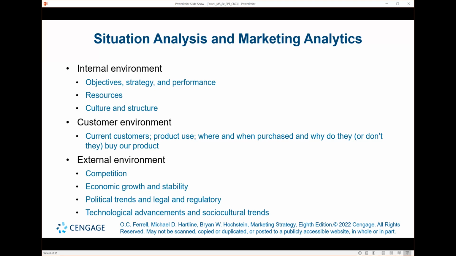In the internal environment, we're able to plan our objectives, put together our strategy, and measure our performance. In the customer environment, we get to know the 5 W's, which we'll talk about: when, where, why consumers purchase the goods and how they do. And then finally, the external environment, which includes our competition, our understanding of where economic growth and stability come from, and a better understanding of where future trends are going in our particular industries.